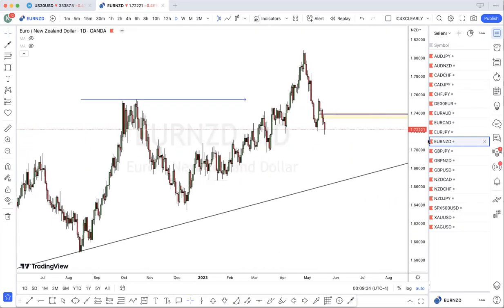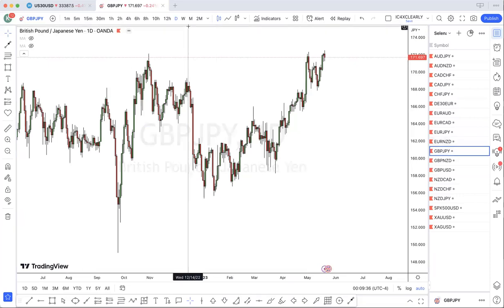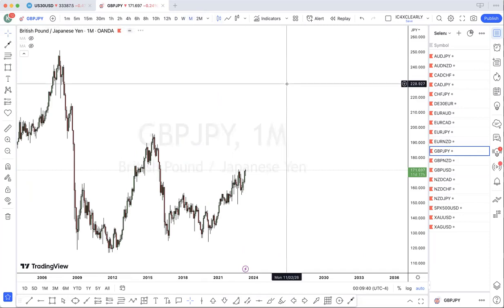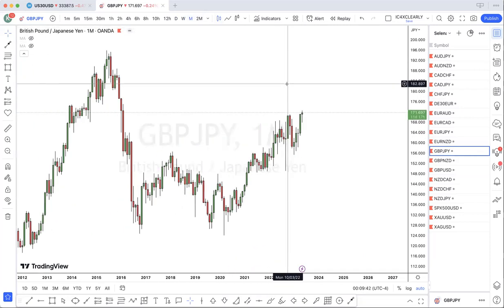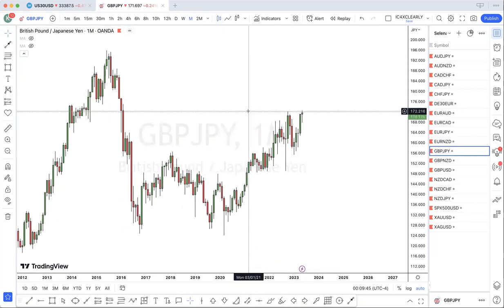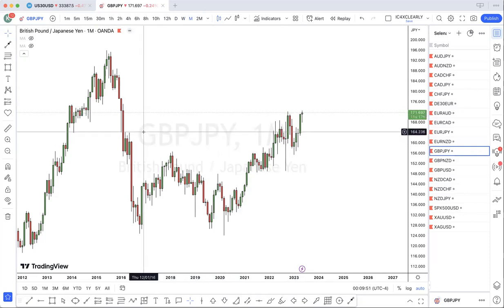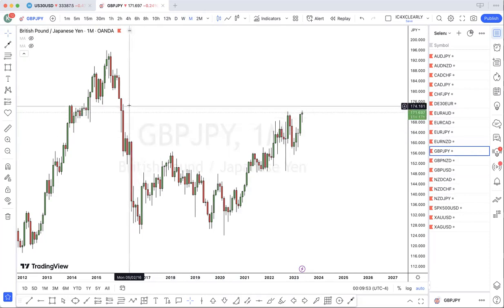Okay. Next, we have GBP-JPY. Y'all already know that is Bay. So GBP-JPY has wick this high here. There's imbalance, not only imbalance, but there's also market structure.